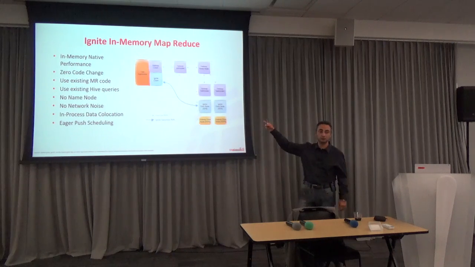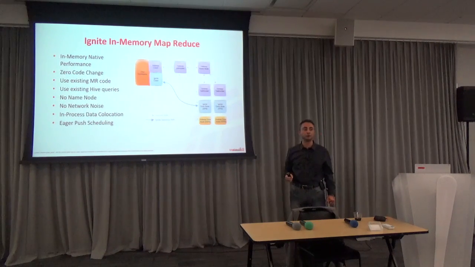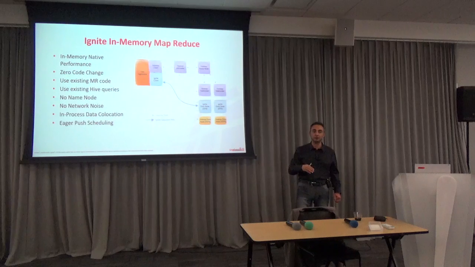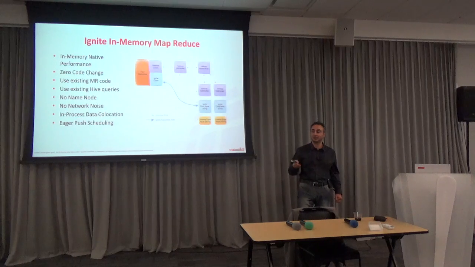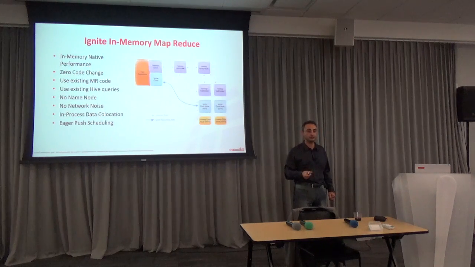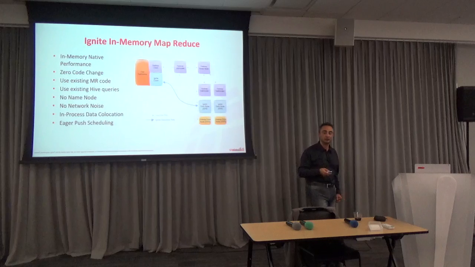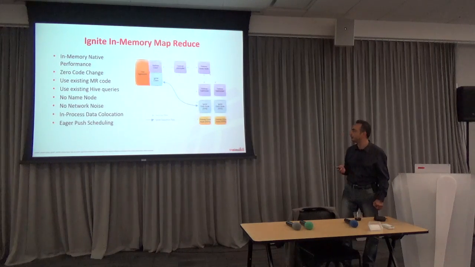We don't have a name node. In DataGrid, we always know which key belongs to which node, which file block belongs to which node, based on a hashing function. We don't need to access a name node to find the location of the key, so we don't have that overhead either. So this type of execution is very fast and allows us to produce this type of acceleration.